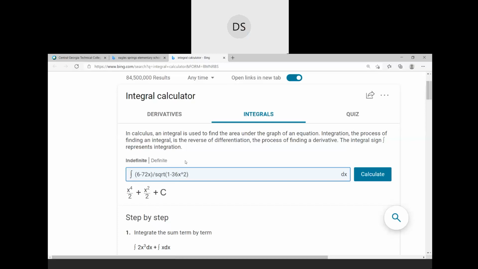Mr. Arnold, how do you input the limits of integration on that? I know for this problem there isn't one, but how would you? Oh, good question. Just switch to definite. Oh, okay. I didn't even notice that there. I didn't either until you asked me.